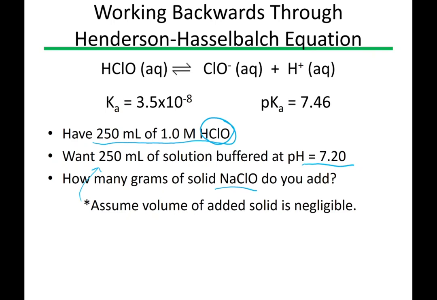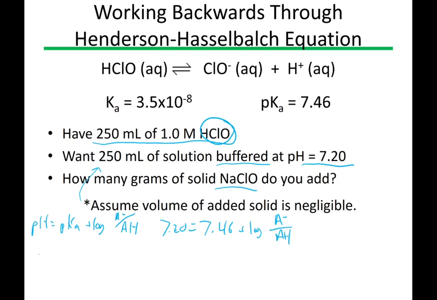Okay, so let's look at how we would set this up. Since we're making a buffer, remember we can use the Henderson-Hasselbalch equation. So the pH is going to equal the pKa plus the log of A minus over HA. If we plug in the numbers, our pH that we want, 7.20, would be equal to the pKa, 7.46, plus the log of A minus over HA.